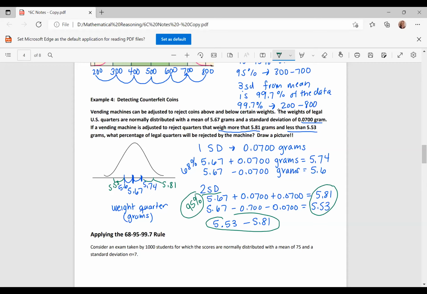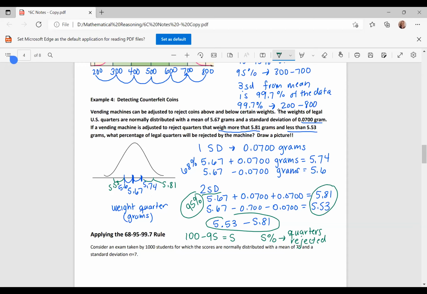But if they lie outside this range, we are rejecting them. So we would do 100% minus 95%, and that would give us 5. So 5% of the quarters are being rejected if they lie beyond two standard deviations.